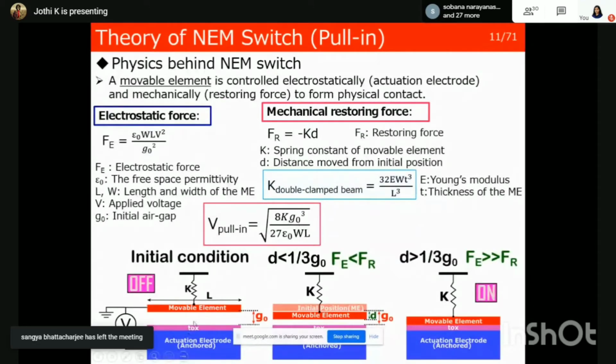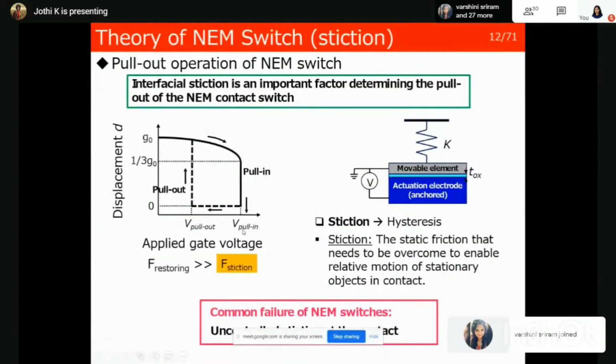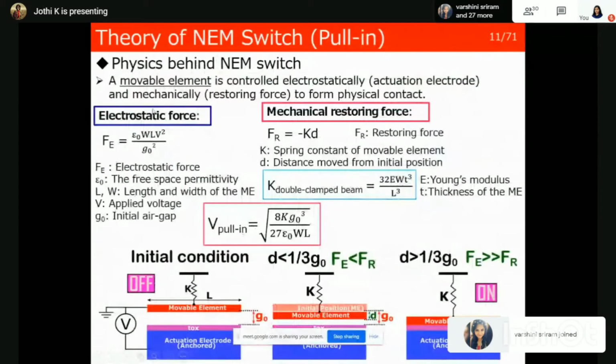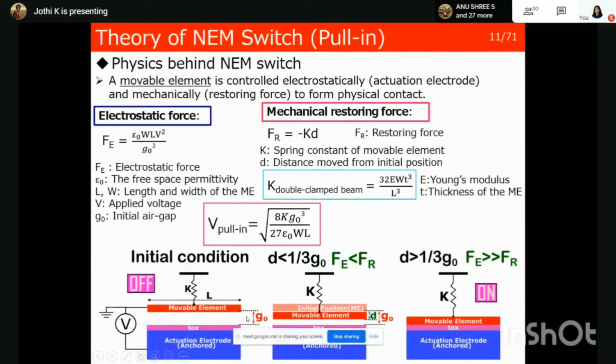The equation for the potential difference is given here. Once you apply the potential, the gap between the fixed element and the movable element reduces, and at a certain point the system loses its stability and suddenly collapses onto your fixed electrode.